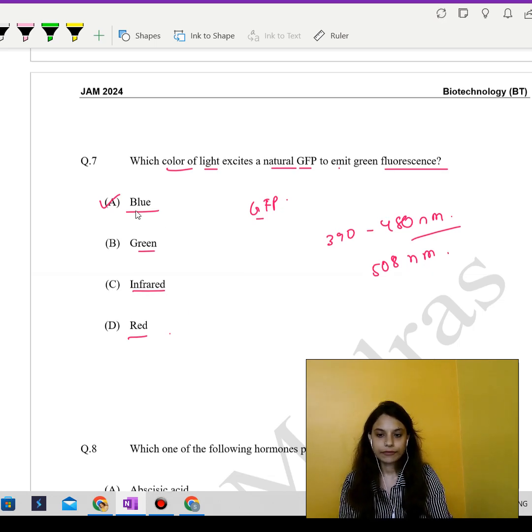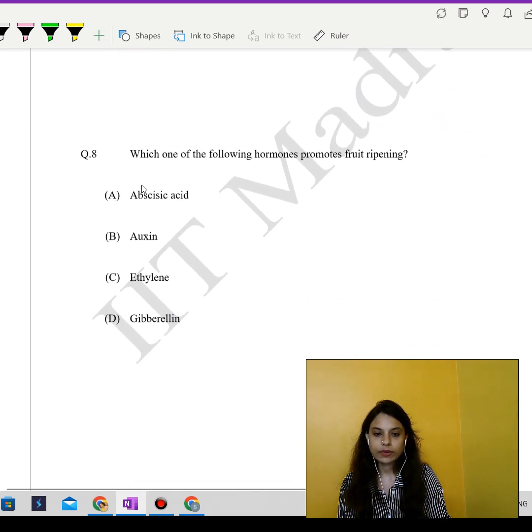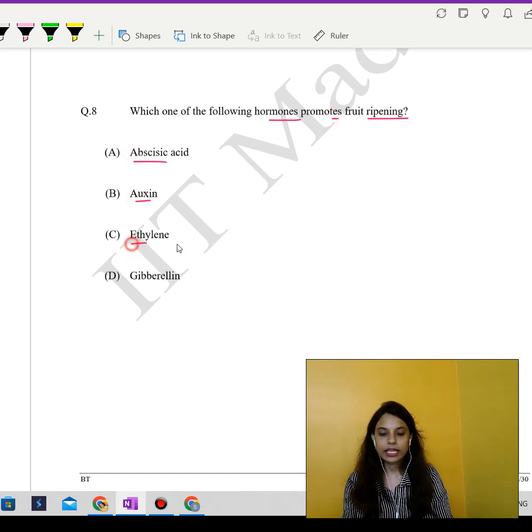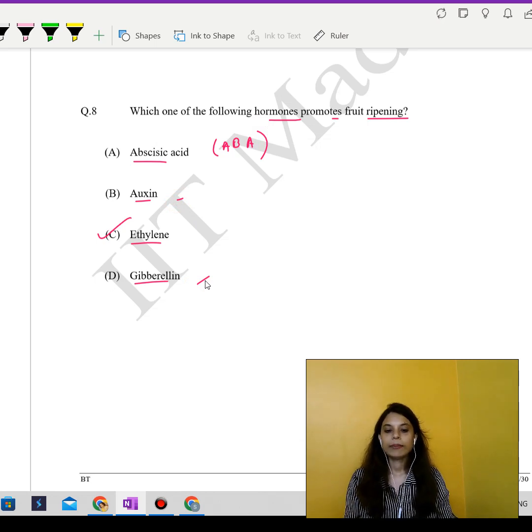So yeah, we have discussed the correct answer. Moving over to the next question. Which one of the following hormones promotes fruit ripening? Abscisic acid, auxin, ethylene, gibberellin. Your correct answer would be ethylene. While other hormones like abscisic acid, that is ABA, auxin, and gibberellin play various roles in plant growth and development, ethylene is the primary hormone responsible for promoting fruit ripening.